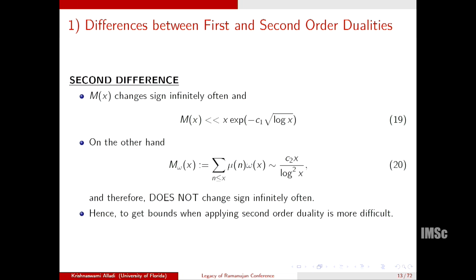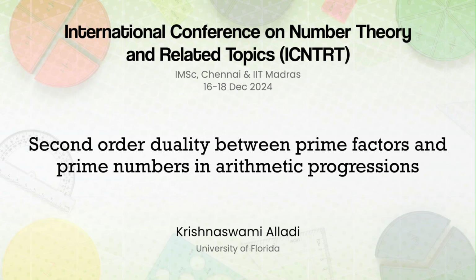The sum M of x, whose upper bound is given here, comes from the strong form of the prime number theorem. It changes sign infinitely often. In the case of the summation mu n omega n, that should be an n by the way, this sum M omega of x is asymptotic to a constant times x over log squared x, which means it will not change sign infinitely often.